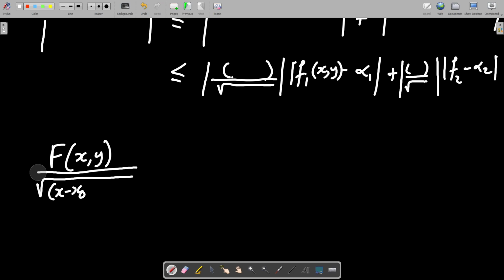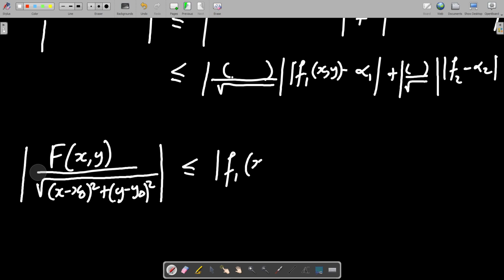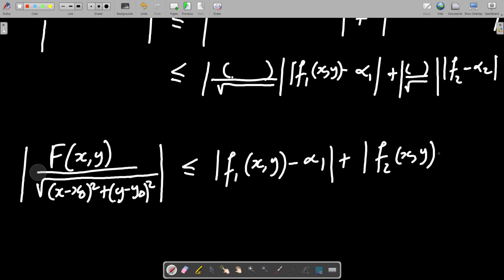X minus x naught is less than or equal to f1 of xy minus alpha 1 plus f2 of xy minus alpha 2.